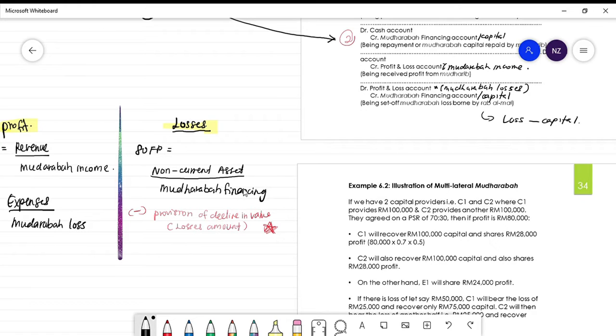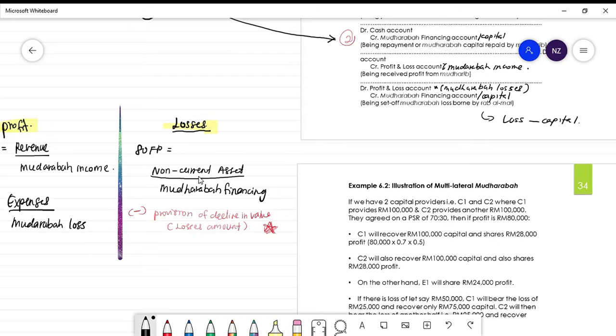Kalau dia punya mudharabah financing asset punya useful life of the contract is more than 1 year, so this is considered as kita punya non-current asset. But if it is less than 1 year contract, so itu akan masuk current asset lah. Tapi biasanya dalam soalan dia more than 1 year pun, so I just assume it as non-current asset terus.